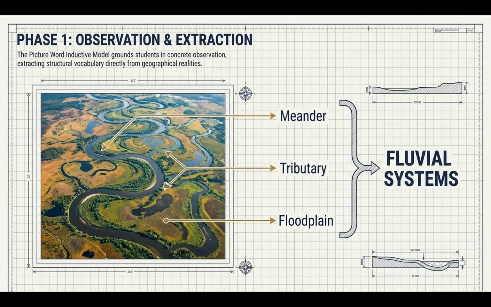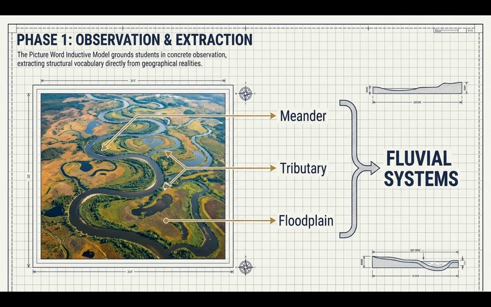The teacher does not begin by presenting complete definitions. Instead, students construct their initial understanding from concrete visual evidence. This phase trains observation skills, geographical vocabulary, and students' ability to interpret visual information.